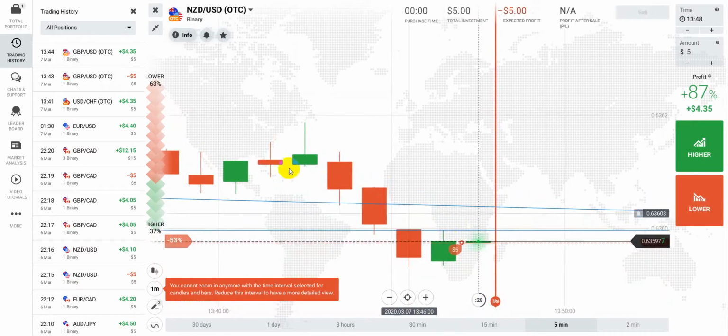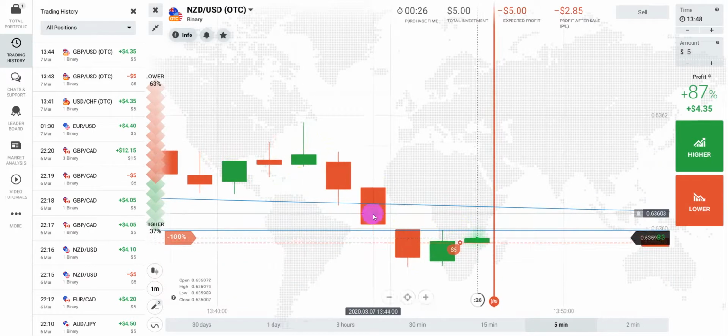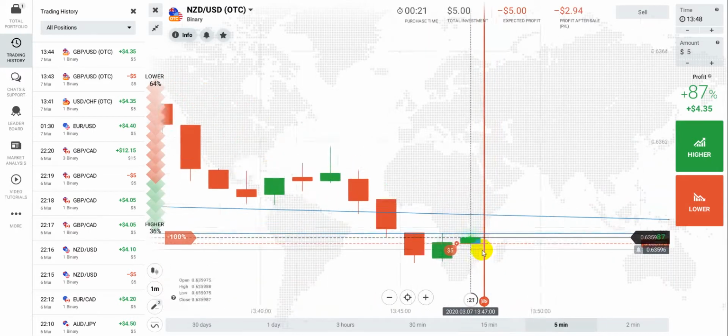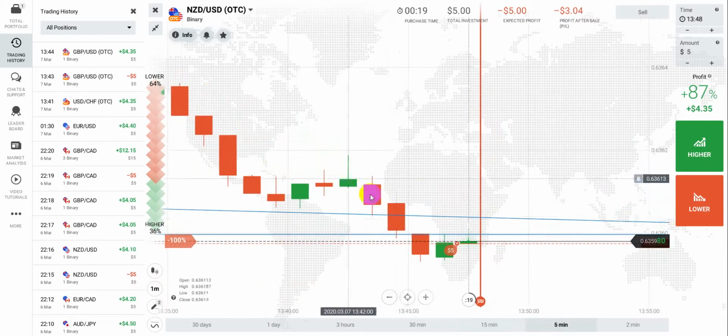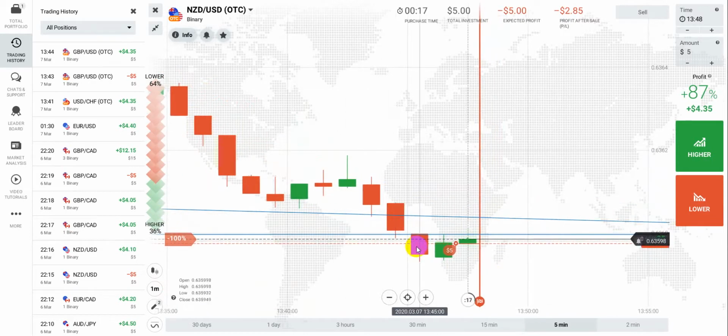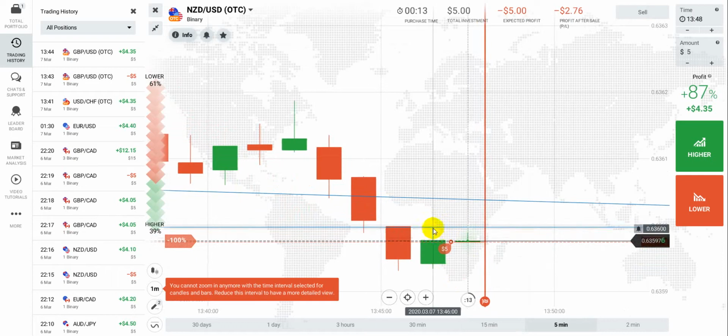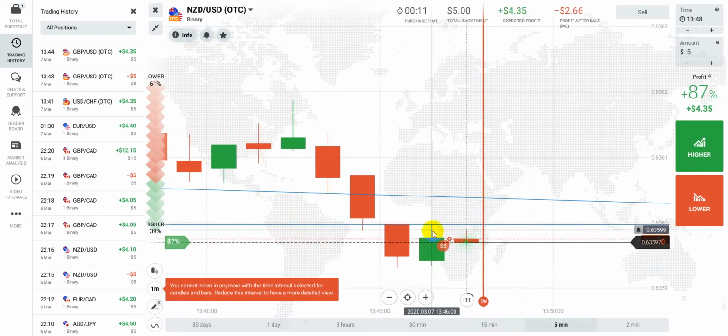Rejection from the seller according to the previous bearish momentum. So I can take a lower option here, one trade according to this present momentum, and this is a bullish candle, but here it's actually selling pressure.